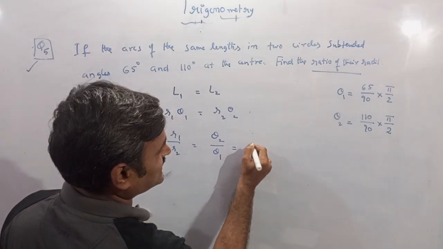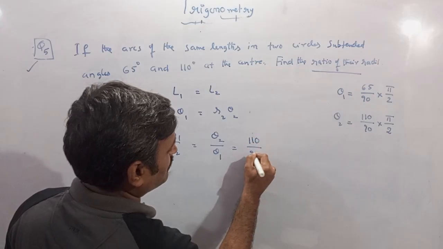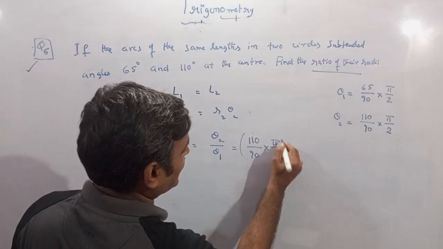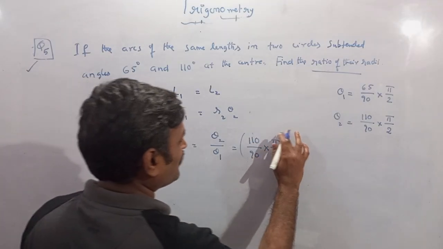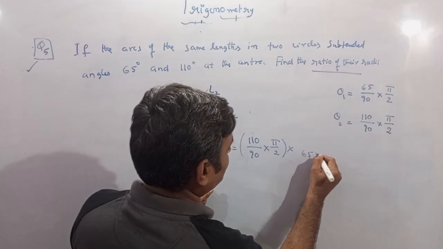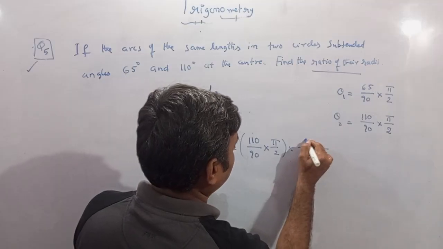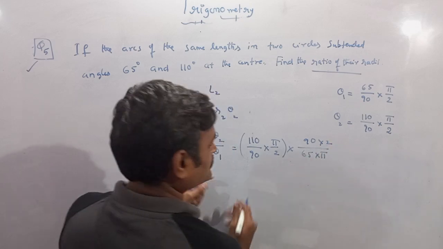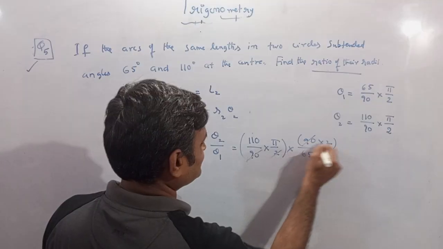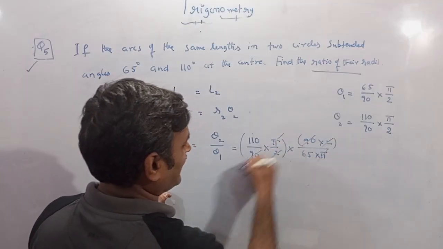What is the theta 2 answer? Theta 2 is 110 by 90 into pi by 2. And the theta 1 answer is 65 into pi divided by 90 into 2. So the 90 into 2 got cancelled, and pi got cancelled.